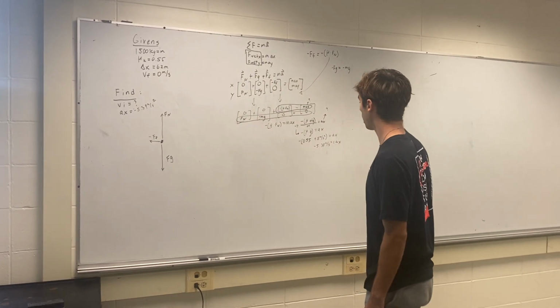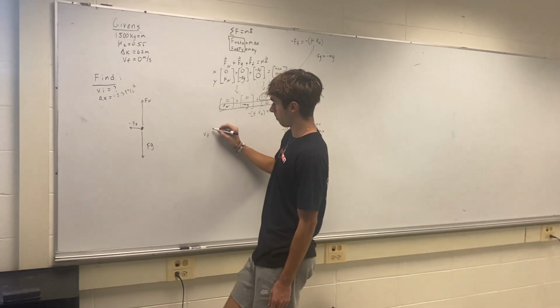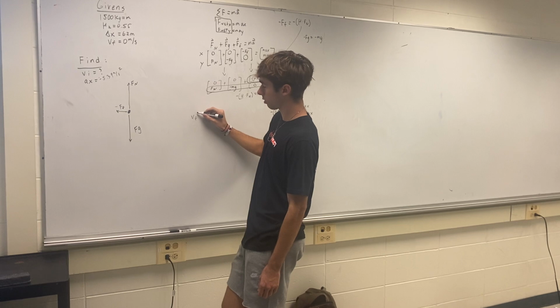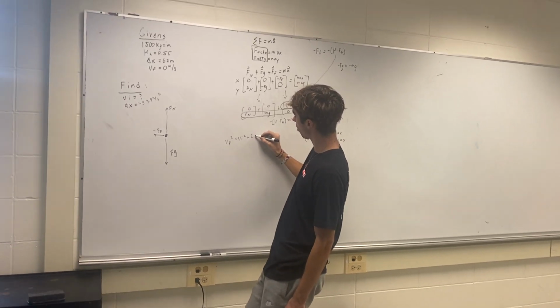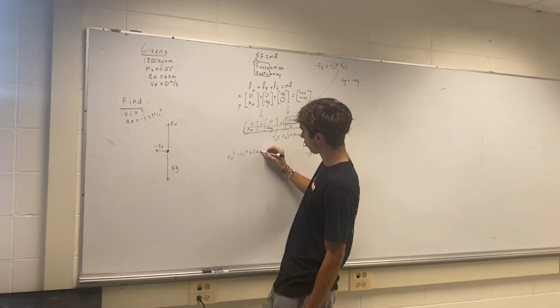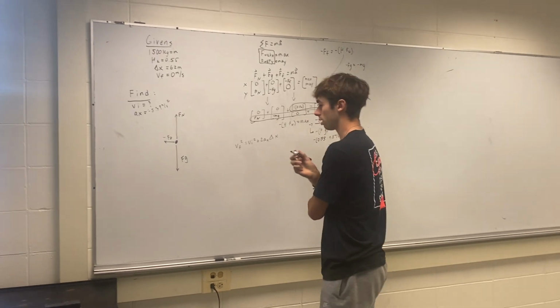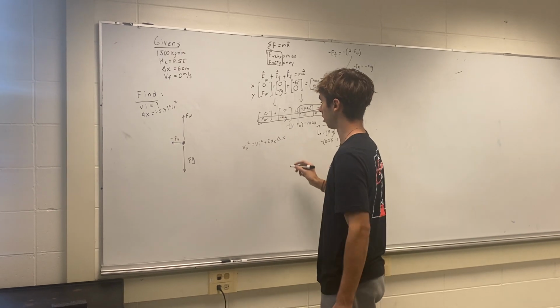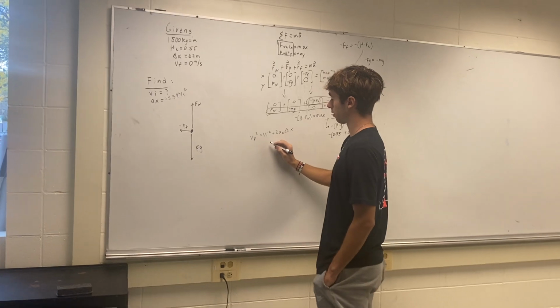initial. So with doing that, we can write down the equation of velocity final squared equals velocity initial squared plus 2ax change in x. So we want to isolate the velocity initial.